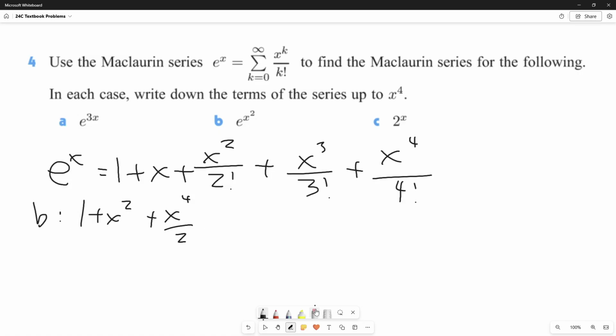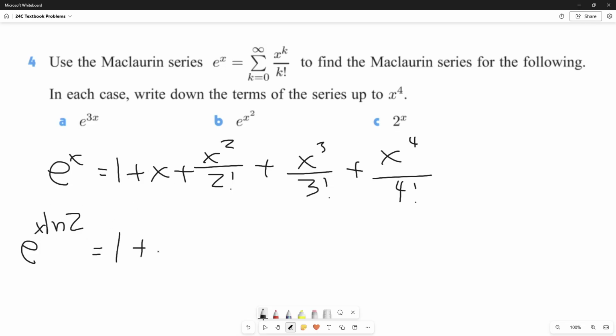And then for part C, you can see it's not really written in the form of e to the x or e to the something. What we can do is rewrite it as e to the ln of 2 to the x, because that's equivalent. And then you move that x to the front here, e to the x ln 2, properties of logs. And then you just substitute x ln 2 for x.